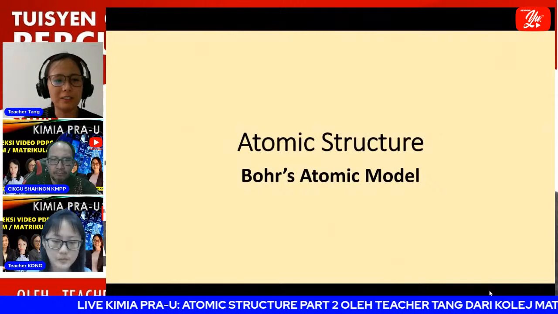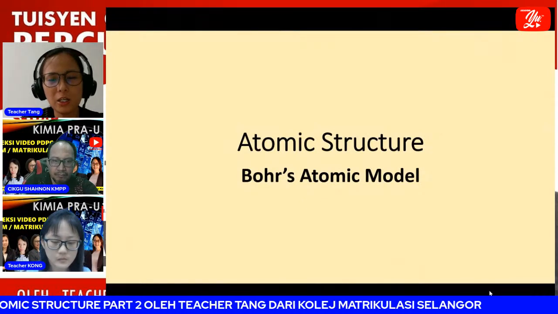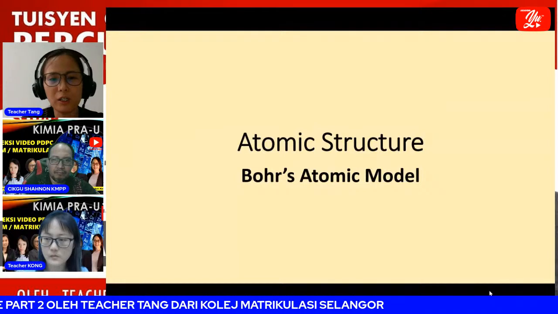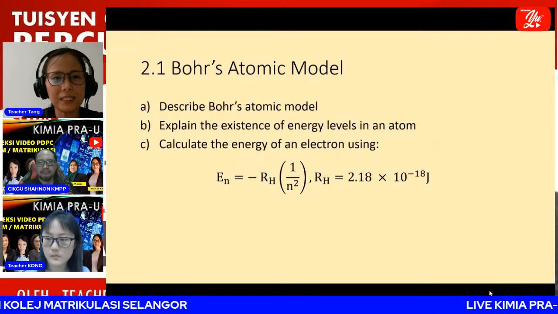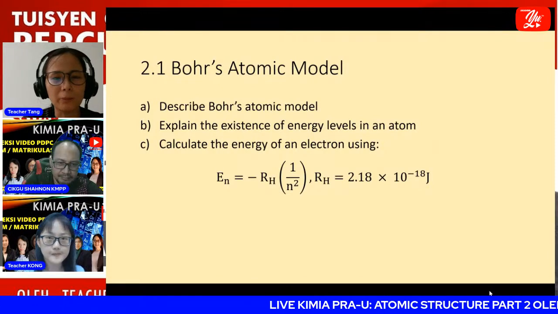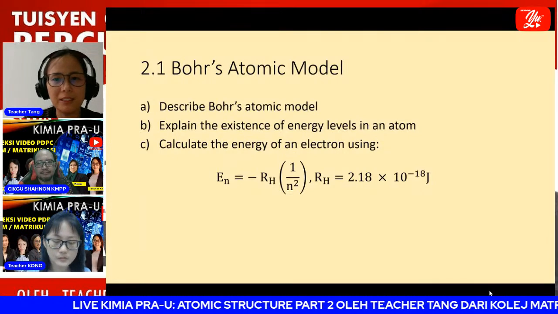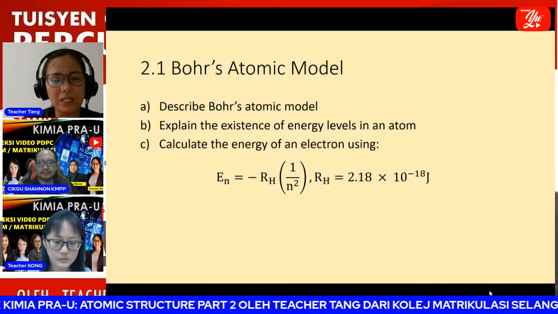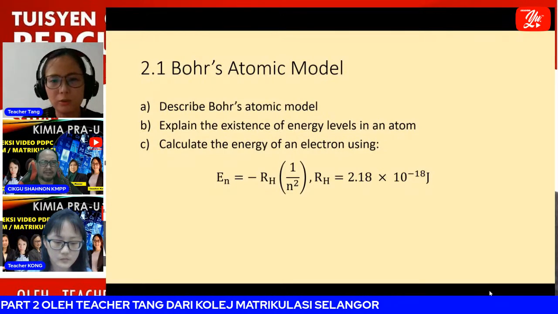Okay, so now we shall start with our topic today, atomic structure. This afternoon, I'm going to focus on Bohr's atomic model. Basically, I'm going to cover what Bohr's atomic model is, explain the existence of the energy levels in a hydrogen atom, and calculate the energy of an electron using the formula.